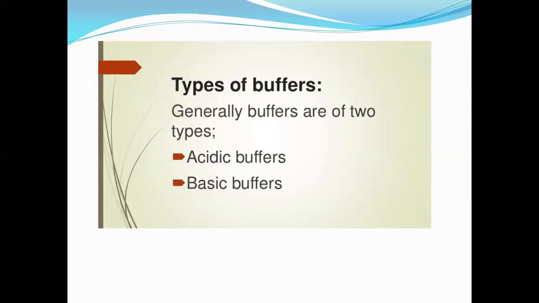Types of buffers. Generally, they are of two types: acidic buffers and basic buffers. From your previous knowledge or classes, even your first or second class on acids and bases, you might be knowing about acids and bases.